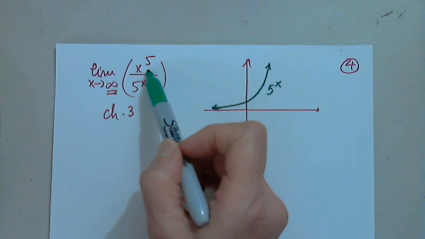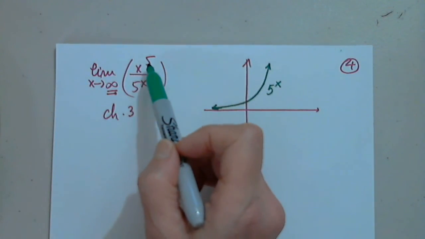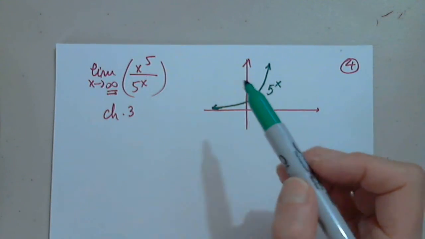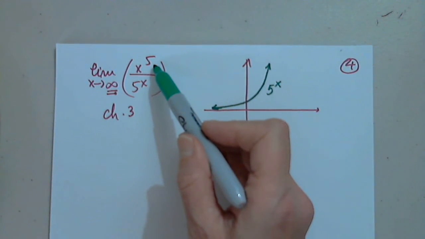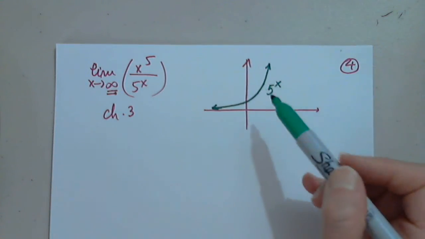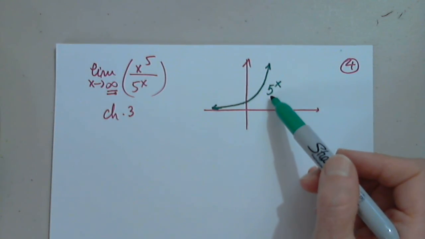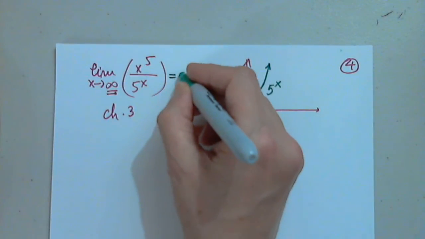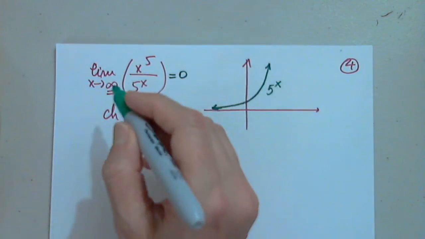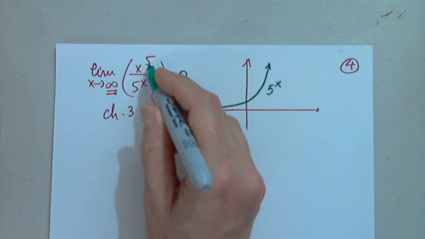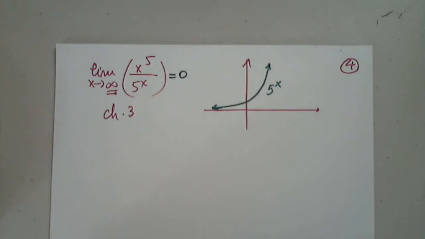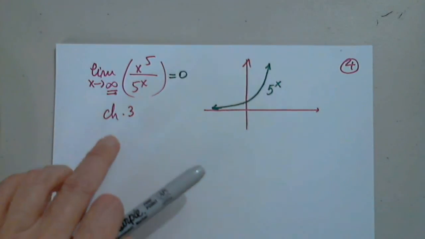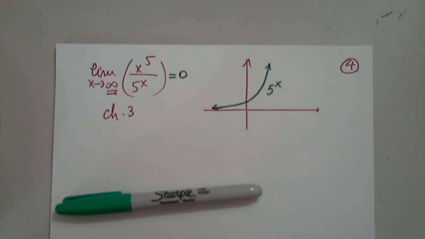So even if it's x to the 5th, it will always eventually be taken by this. So the answer will be 0 because this grows much faster than that. Now I'm going to share my screen and I'll show you why in the next chapter in a different way.